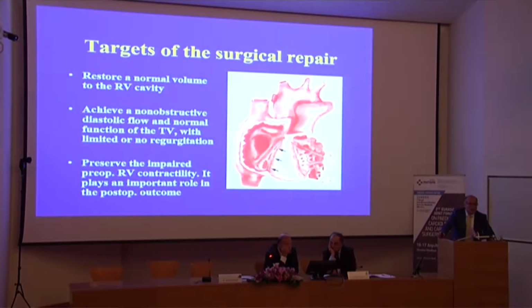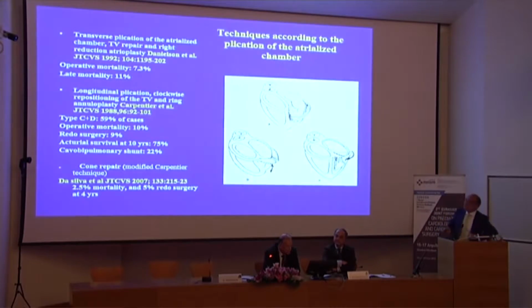And then, in the majority of cases, we know very well the pre-op right ventricular contractility is affected, and the surgeon has also to preserve this affected pre-op right ventricular contractility during surgery. If it's not very well preserved, this could be catastrophic after surgery, and it is one of the most important issues in the surgical treatment of Ebstein's anomaly.